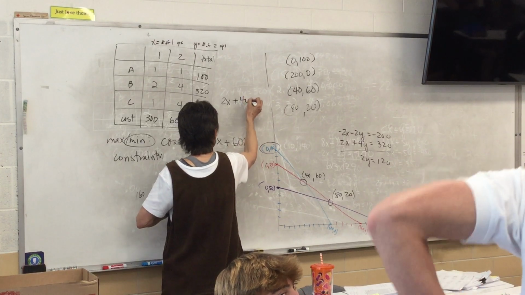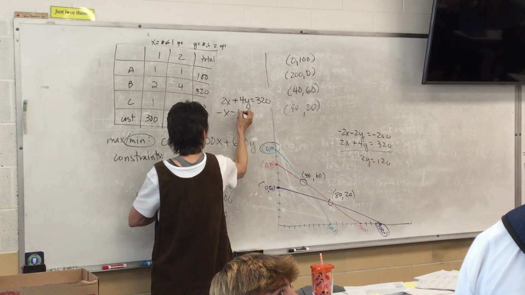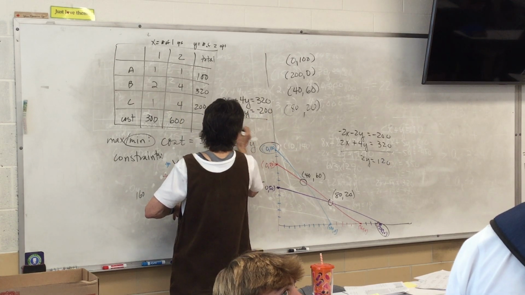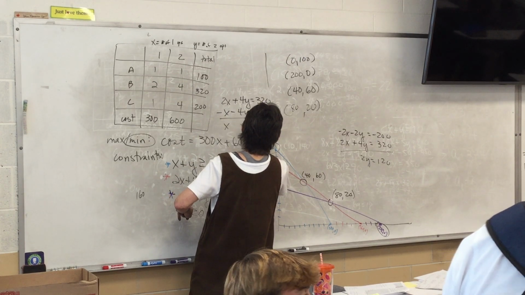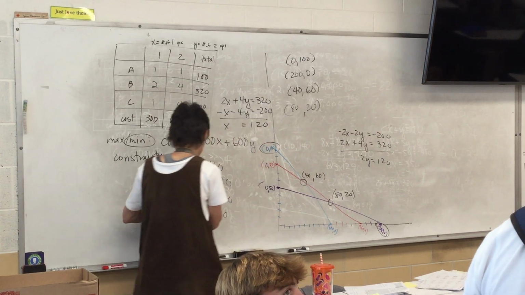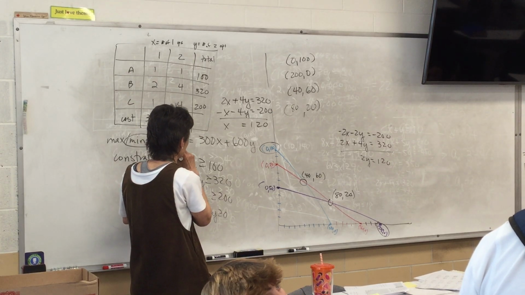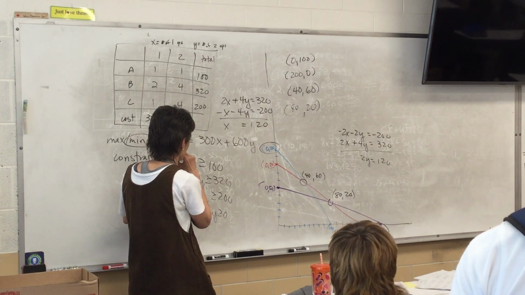2x plus 4y equals 320. And that was x minus 4y equals... That can't be right.